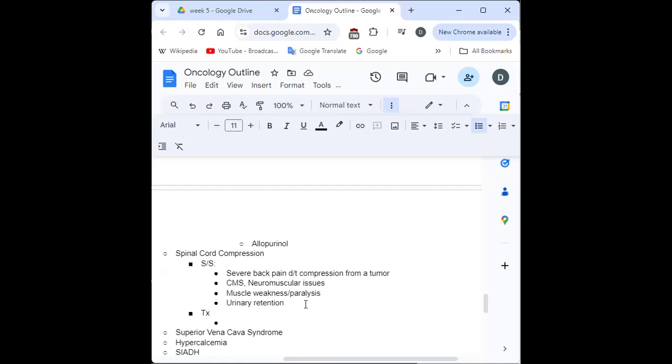Gabapentin, I don't have that one on mine. I have a few other things on it for the spinal cord compression. I kind of put that here as the CMS of lower extremities, because the pinching can cause them to be unable to feel or move or have proper perfusion to that area.